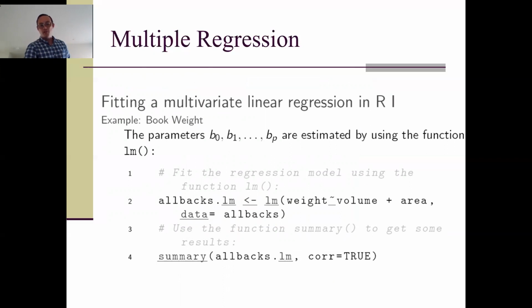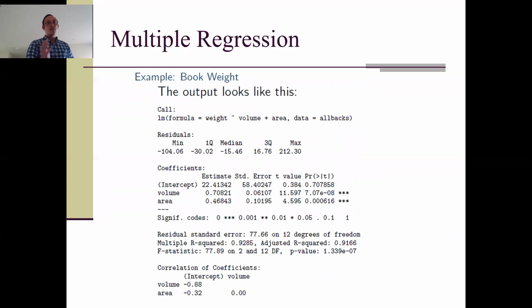This is the code you would be calling to be able to launch a multivariate regression. And so let's look at what comes out of that. The output at this point is showing us volume and area are both highly significant in explaining the data set. There you can see their estimates, their standard error, their t-values, and the p-values again.